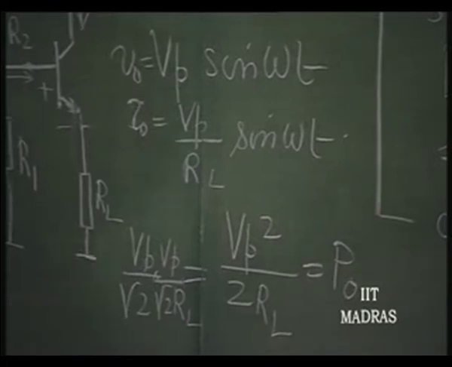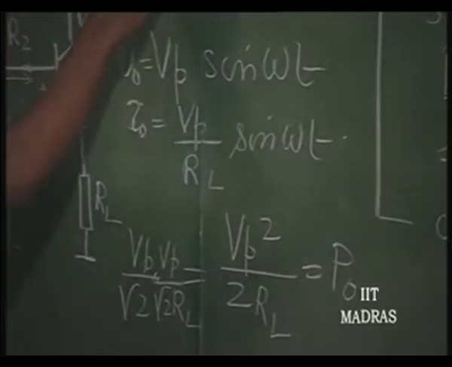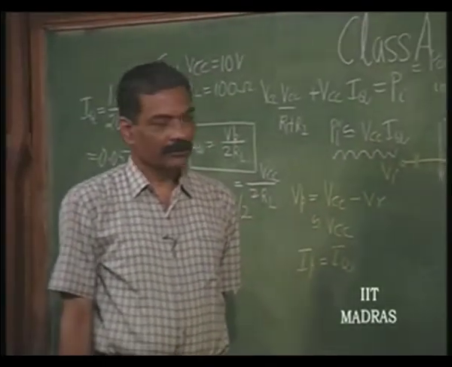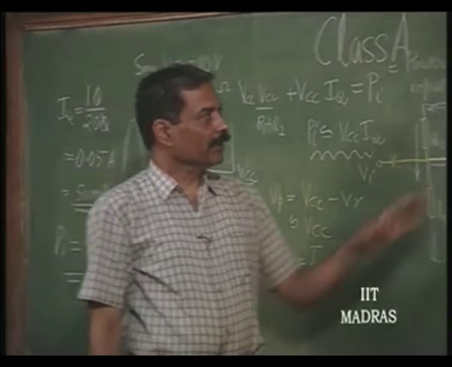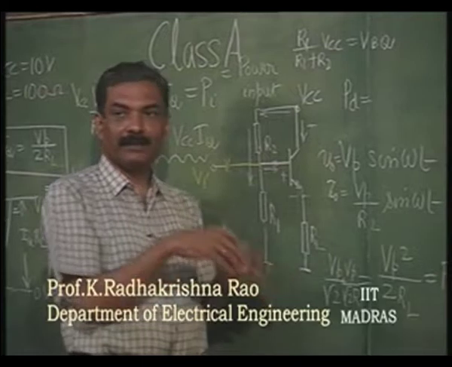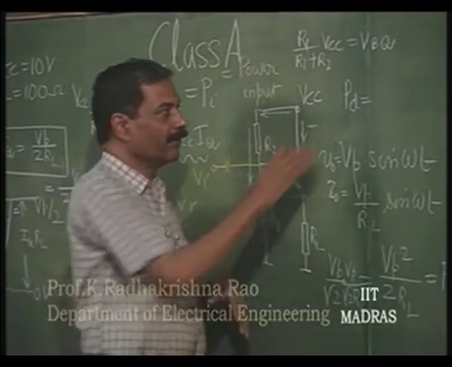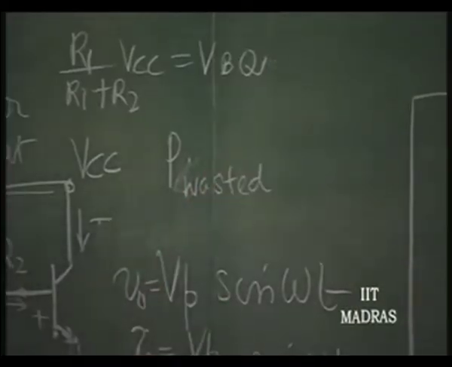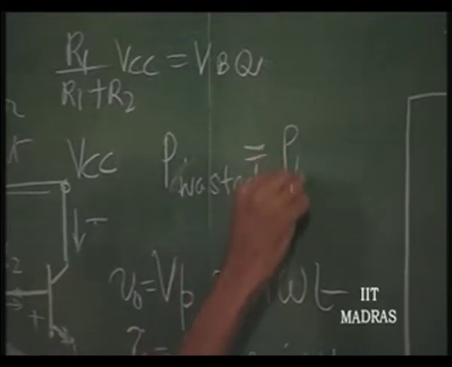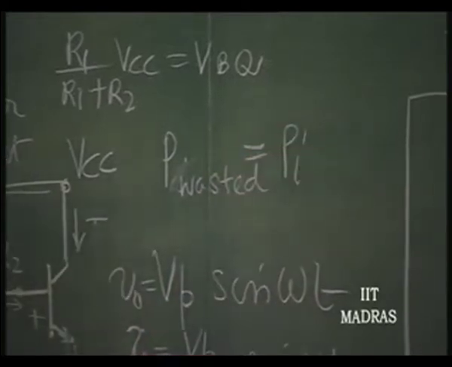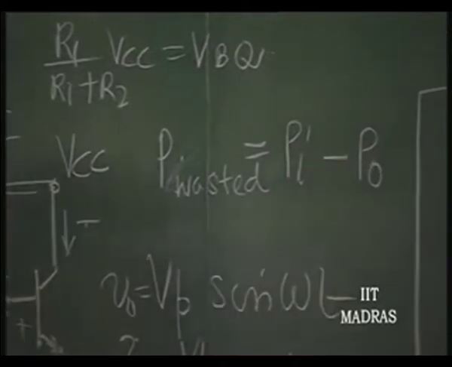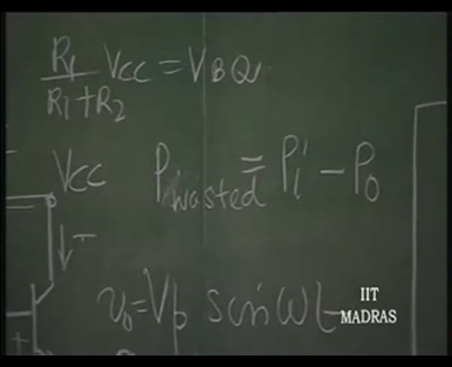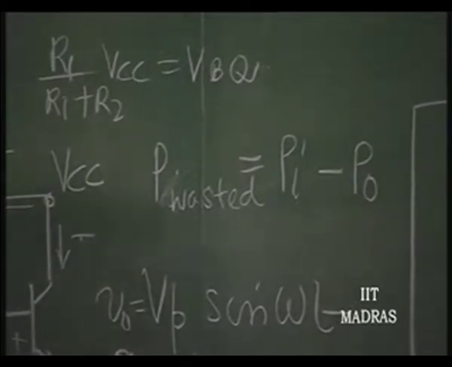Why should we take the maximum power? We know that the power wasted, the power dissipated in the transistor as well as the rest of the circuit, is nothing but power inputted minus output power. What is the power inputted?